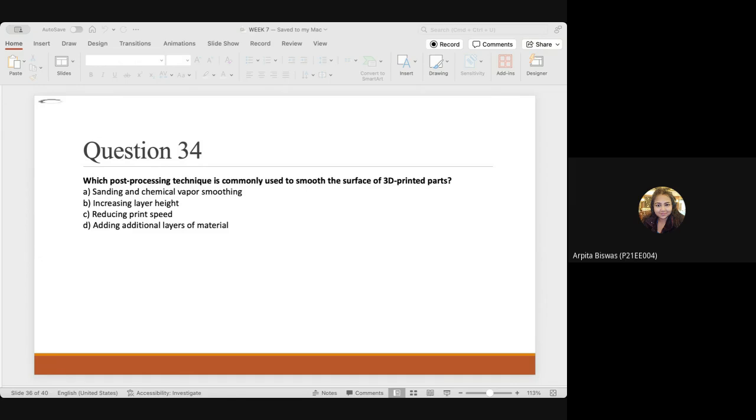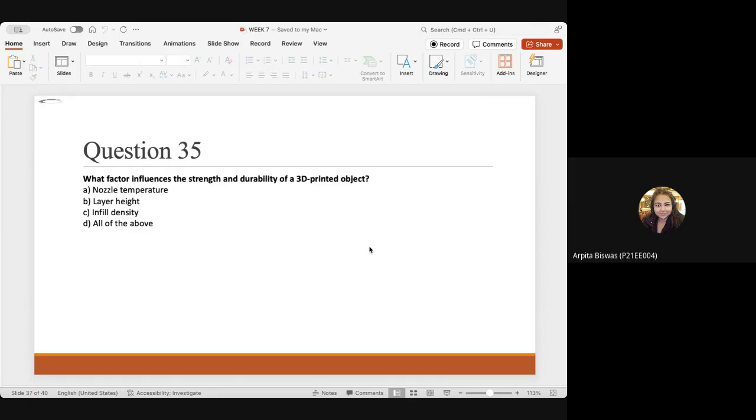Okay. So next move towards question number 35. What factor influences the strength and durability of a 3D printed object? First option is the nozzle temperature, second is the layer height, third is the infill density, and option D is all of the above.